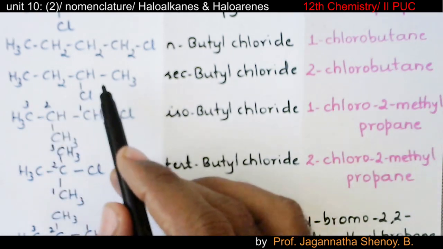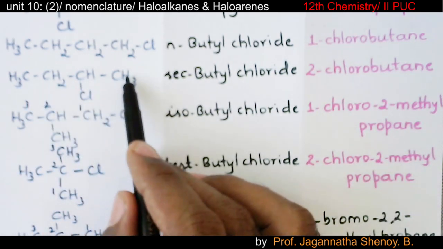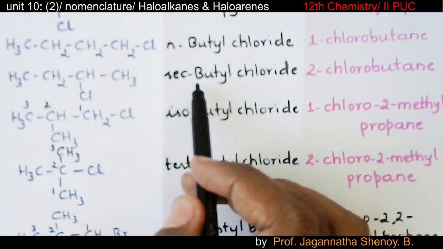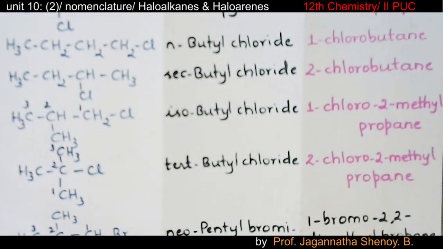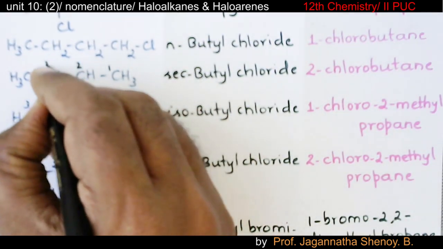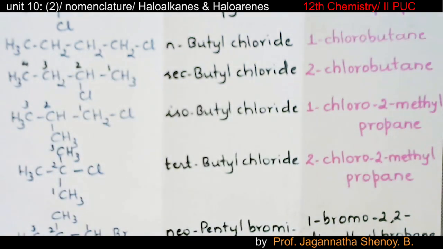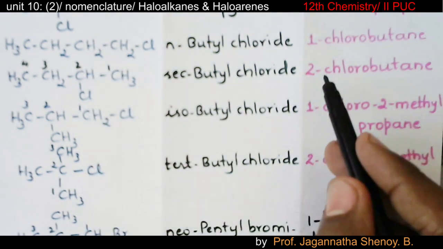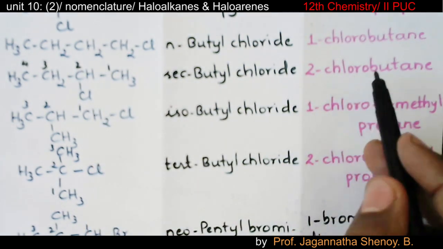That's why common name is a secondary butyl group followed by chloride. So secondary butyl chloride is the common name. When I go for IUPAC name, you know this is the first carbon atom, this is the second, you have the third and the fourth one. So on the second carbon atom we have chloro group. That's why I call it 2-chlorobutane.